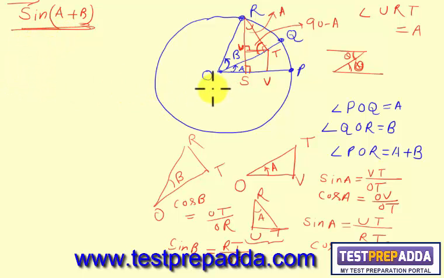First of all, sine A plus B. A plus B is there in the triangle. If I take this triangle, this as R, this as S, this as O, you just check this angle is A plus B.